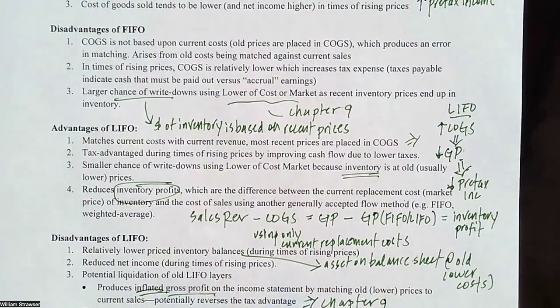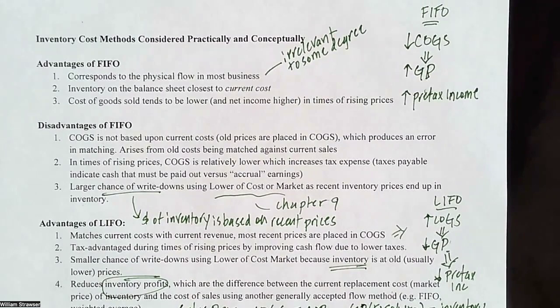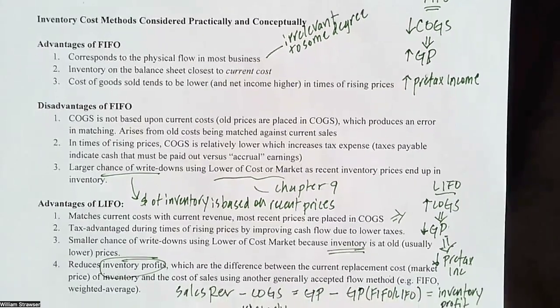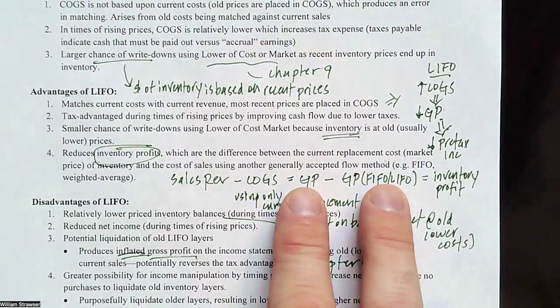And really what I'm wanting you to start to sink into is two overarching ideas. First, they affect both the income statement and the balance sheet in different ways, and with different types of information. And the second is that a lot of times the profits we're reporting from these methods are not the most useful.